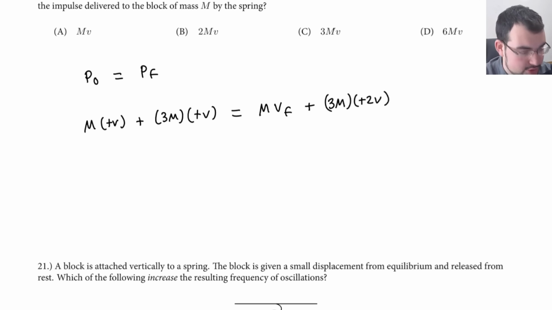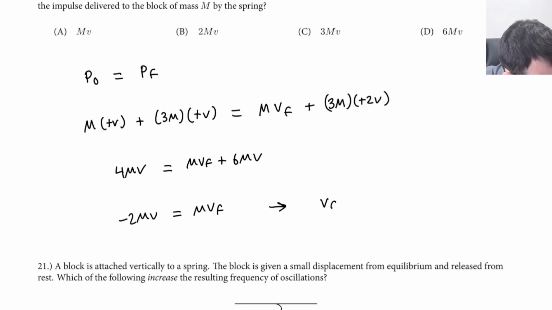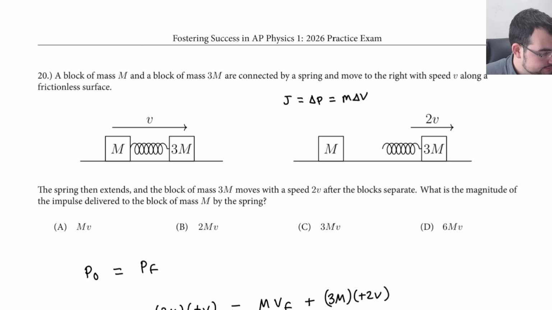Then we can do our subtracting and combining, so we get 4mv is equal to mvf plus 6mv. So we get negative 2mv is equal to mvf. So vf is equal to negative 2v. So this means our original m block is going to move backwards at speed 2v.